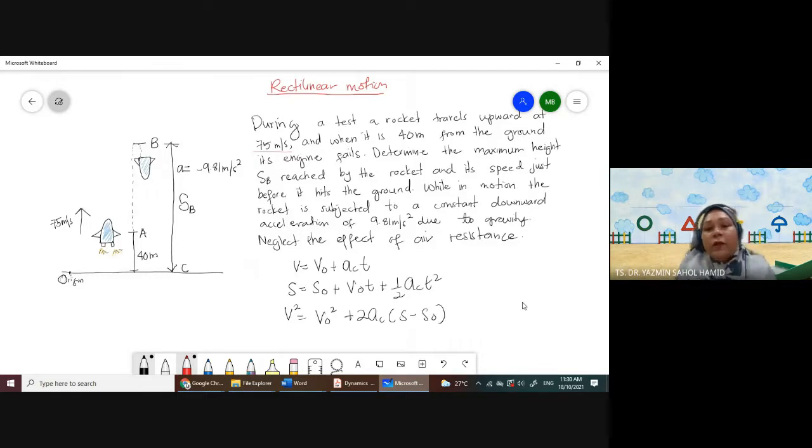Now, from these equations, you need to choose which equation you want to use to solve this problem. Which one do you want to use? Equation number 1, 2, or 3?